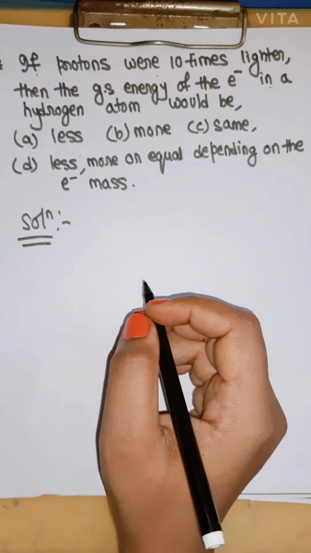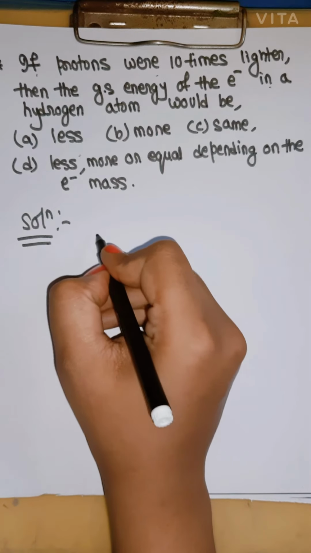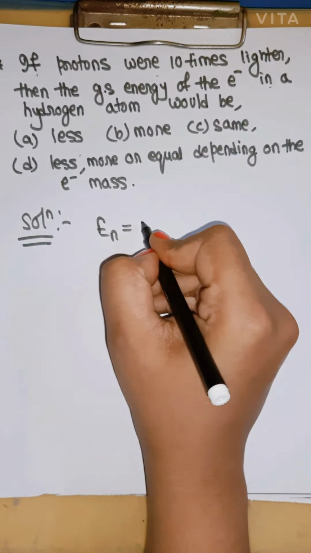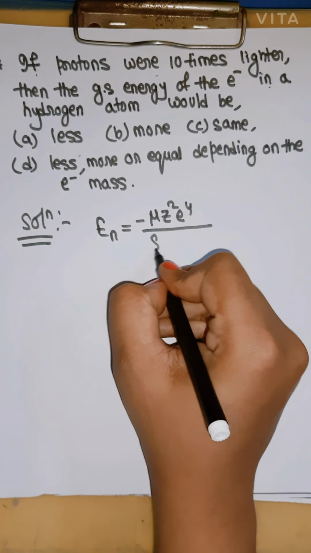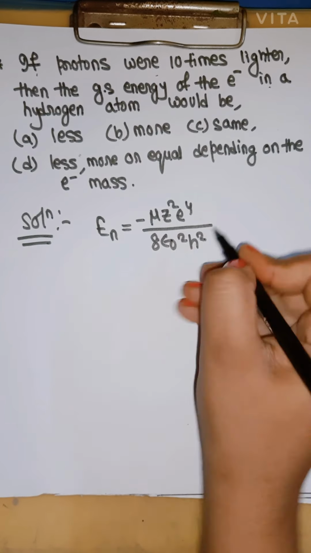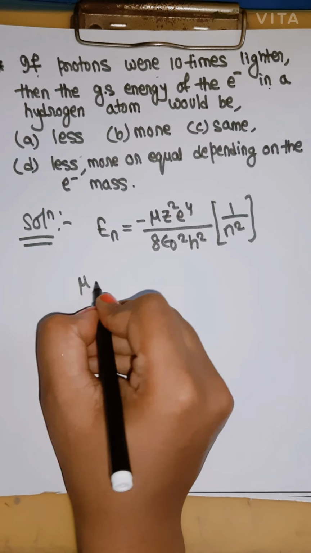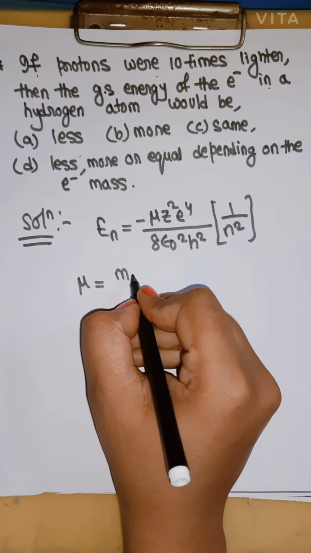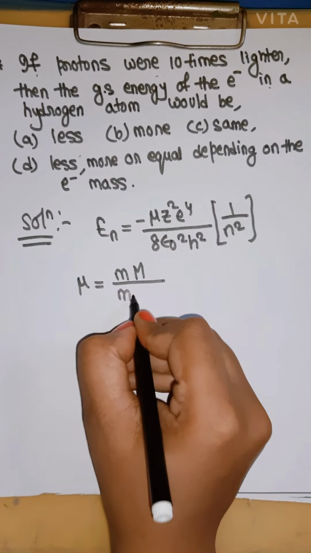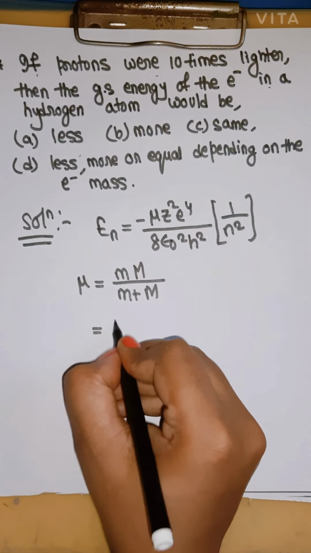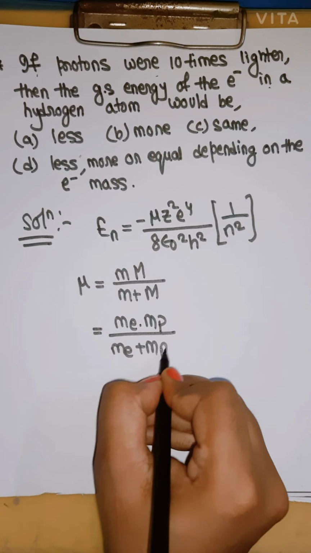So let's begin. The energy of the electron in the nth state orbit in a hydrogen atom, that is En, is given as minus mu Z square e to the power 4 by 8 epsilon naught square h square into 1 by n square. So mu will be equal to the reduced mass, that is equal to the mass of the electron into the mass of the proton by the mass of the electron plus the mass of the proton.